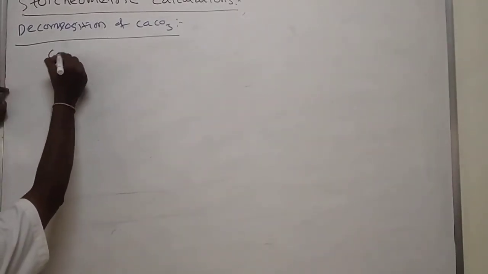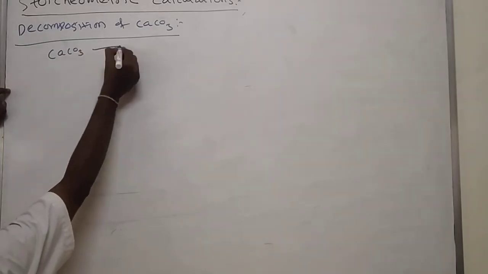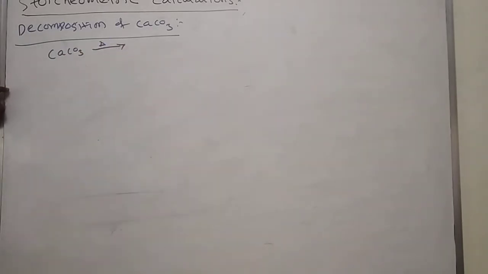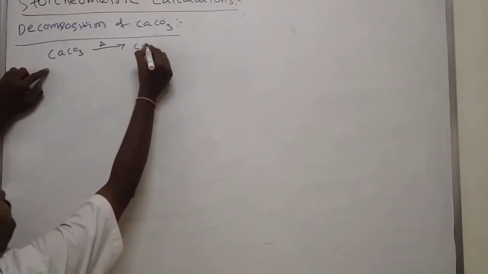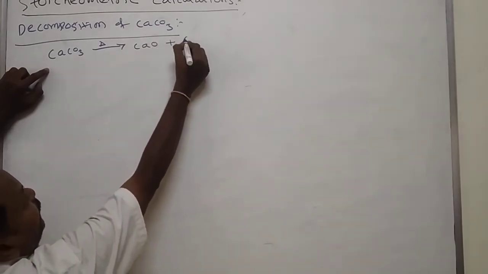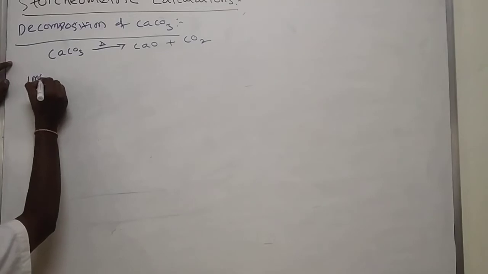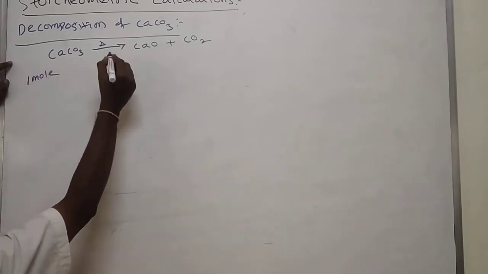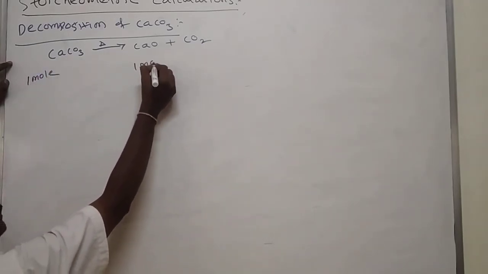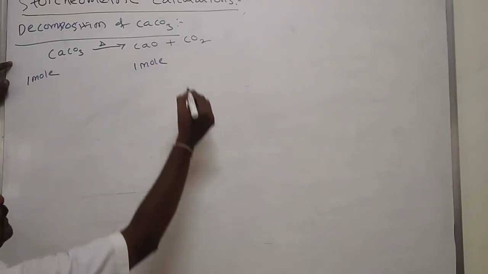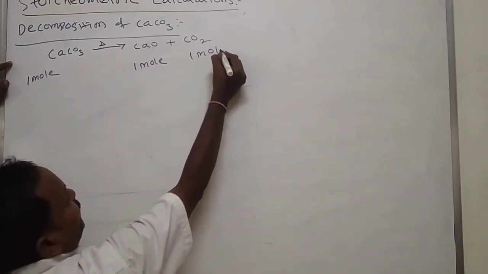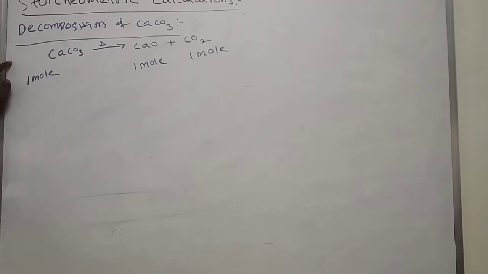CaCO3 decomposition means heating. What happens? We get calcium oxide and carbon dioxide. 1 mole of calcium carbonate on heating forms 1 mole of calcium oxide and 1 mole of carbon dioxide.